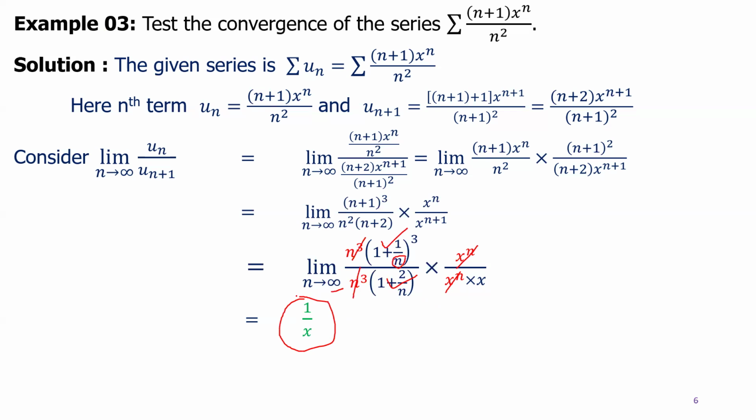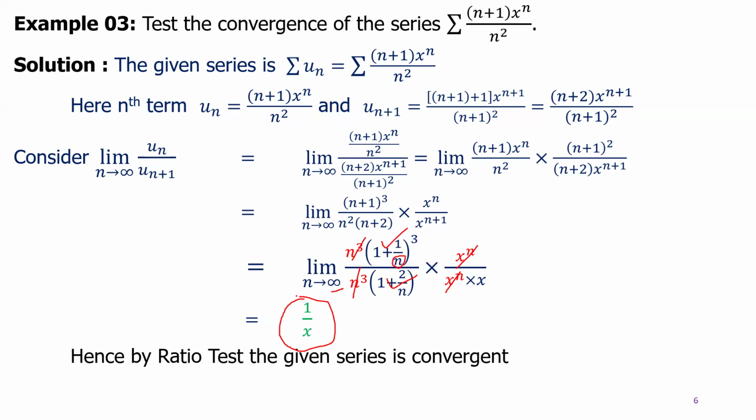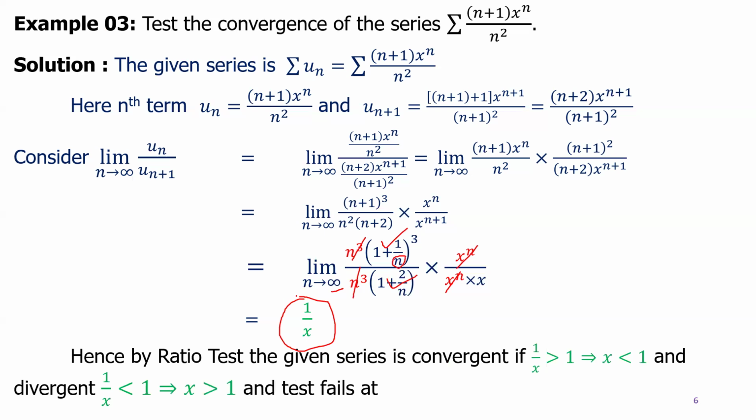Now, clearly x is again an unknown quantity. By the ratio test, the given series is convergent if 1 upon x is greater than 1, which means x is less than 1. The given series is divergent if 1 upon x is less than 1, which implies x is greater than 1. And the test fails at x equal to 1.